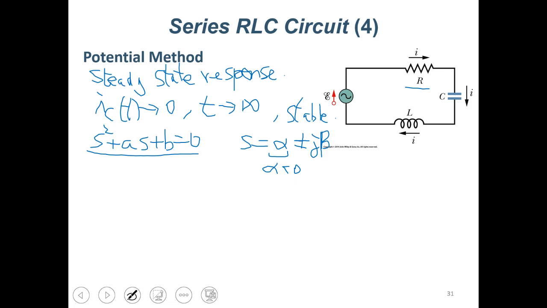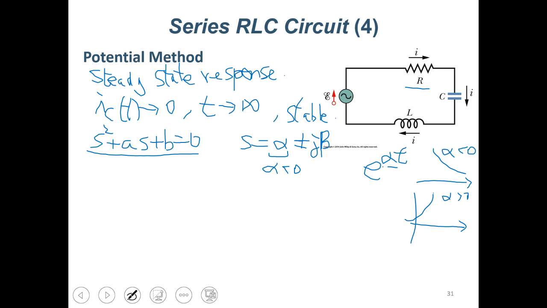Alpha negative refers to the term exponential of alpha t, which decays if alpha is smaller than 0. If alpha is larger than 0, it will grow exponentially, and we usually call this an unstable system.